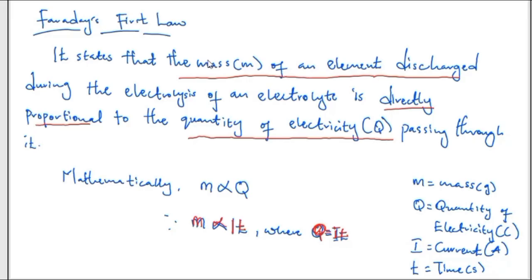So that is what you want to know, that mass is directly proportional to quantity of electricity. Anytime your quantity of electricity increases, your mass should increase. If you are expecting a higher mass of a substance, you will use a higher quantity of electricity. It is that simple.